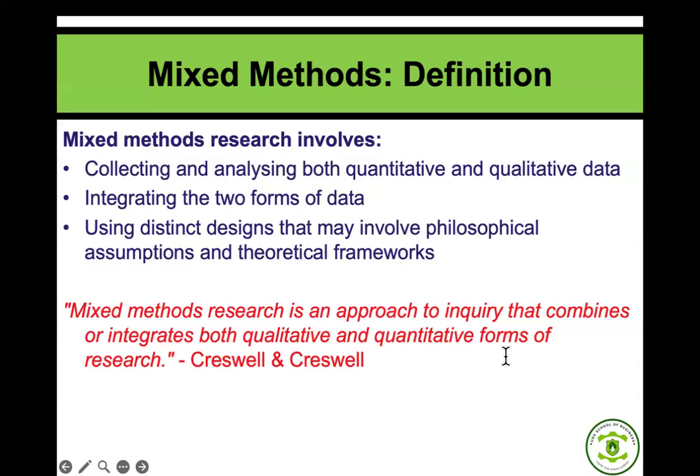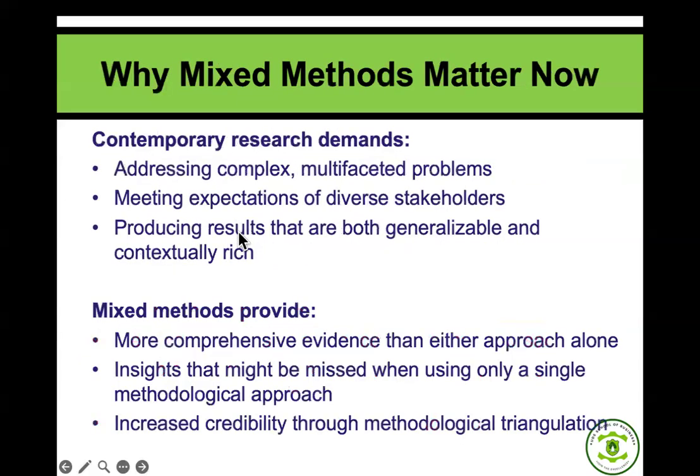In terms of mixed methods, researchers typically would adopt pragmatism as their philosophical stance because it focuses on what works best to answer complex research questions rather than either a rigid positivist approach or a rigid interpretivist approach.